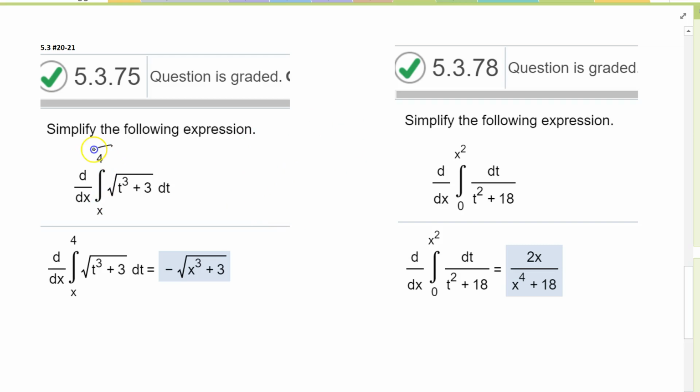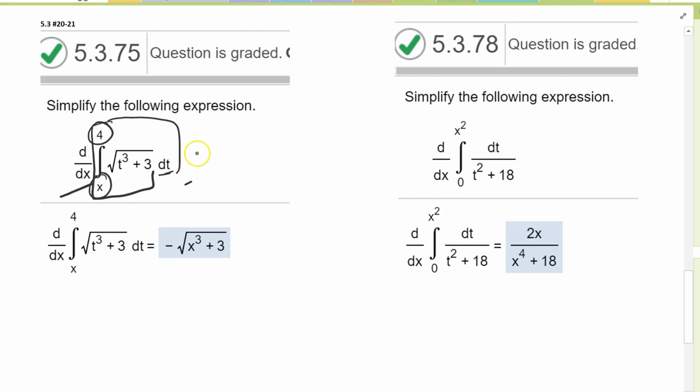So if I integrate this with respect to t, I'm going to have a function of t, but then I'm going to plug in two values, and then I'm going to differentiate it as a function of x. So whatever this antiderivative is, call it big F, right? Big F at 4 minus big F at x.